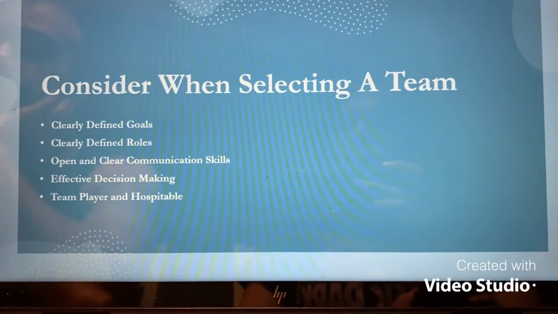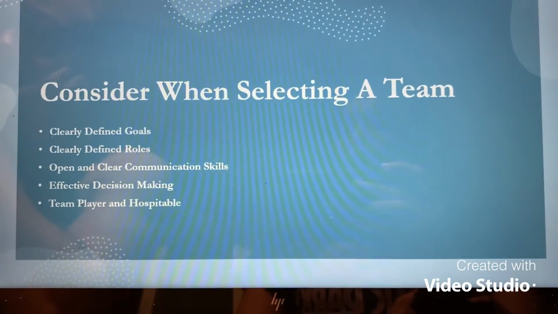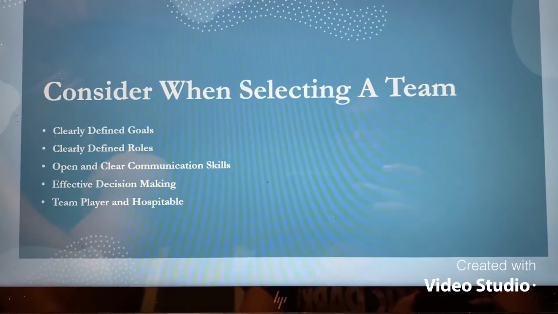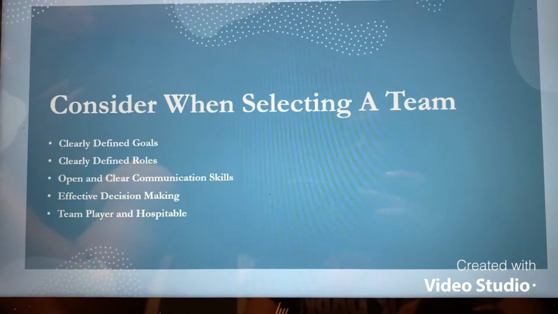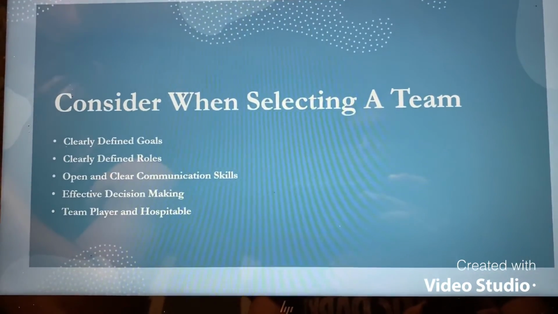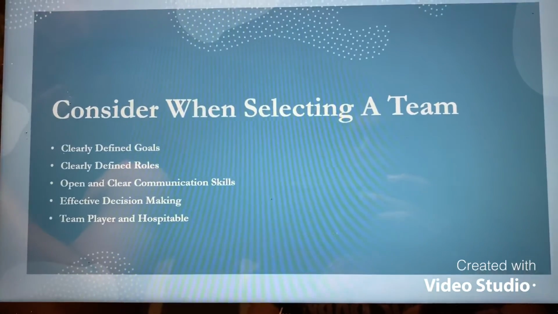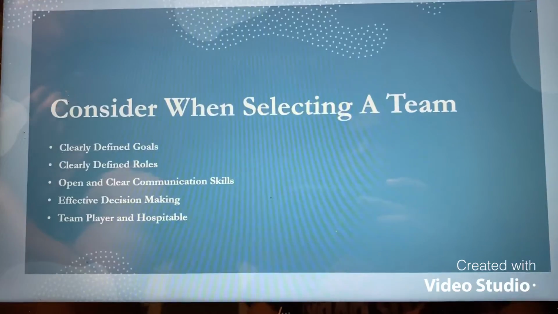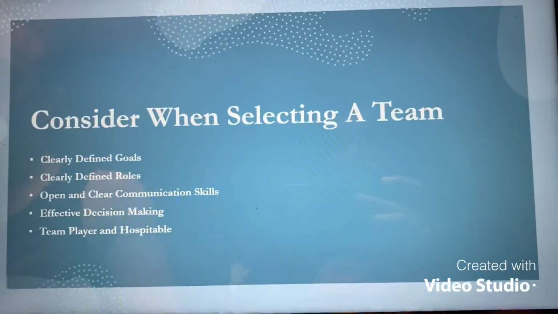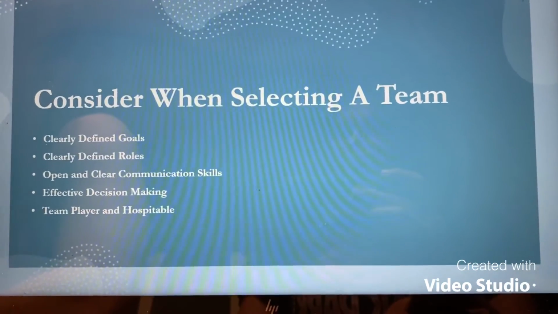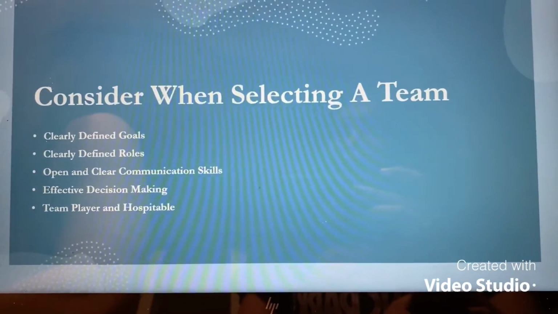A good team member should have good decision-making skills. Therefore, when selecting a team member, one should consider their ability to make good decisions. Such will make it easier in meetings that involve decision making where solutions need to be met. A good member should be hospitable and a team player.